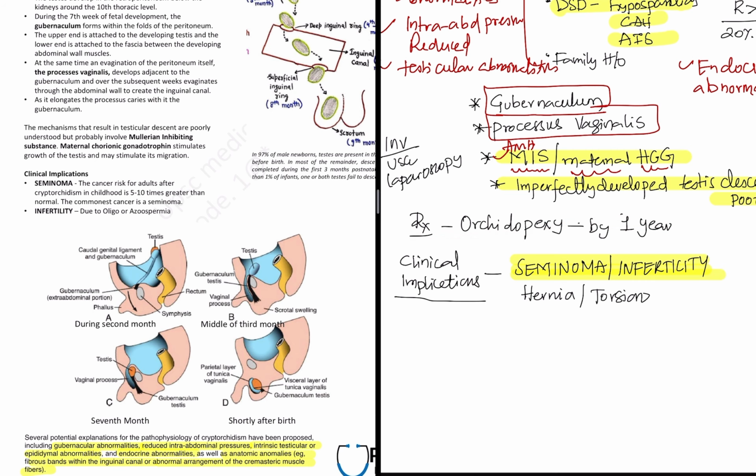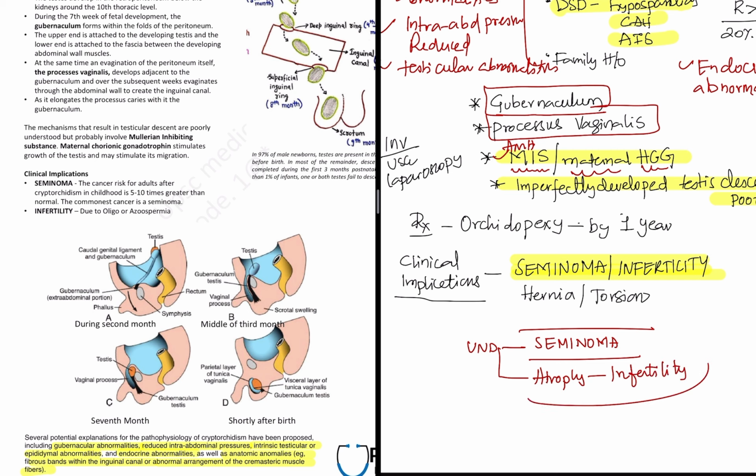Undescended testis is associated with key complications. It has chances of developing testicular malignancy, and the most common testicular malignancy is seminoma. One more problem is that undescended testes undergo atrophy, and in turn predispose to infertility.